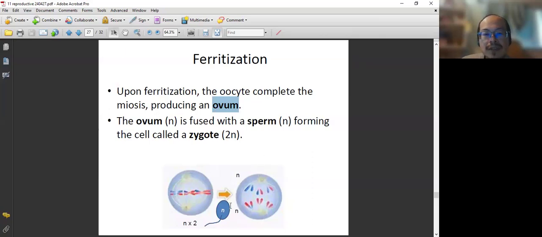So when it's fertilized, then it completes its meiosis, and this haploid chromosome number is 1N, basically 23 chromosomes, which will merge with another 23 chromosomes from a sperm, and that will make it 2N. That will be the zygote.